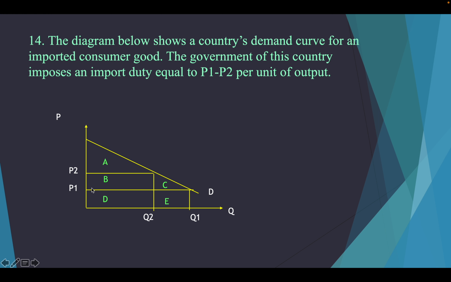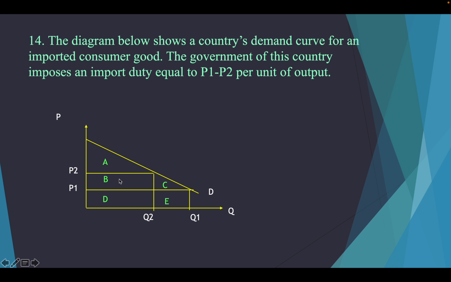When there is the equilibrium price P1, the triangle above the equilibrium price is the consumer surplus. So here ABC is the consumer surplus at the P1 price. Then when they impose the P2 price, you can see the quantity is Q2.